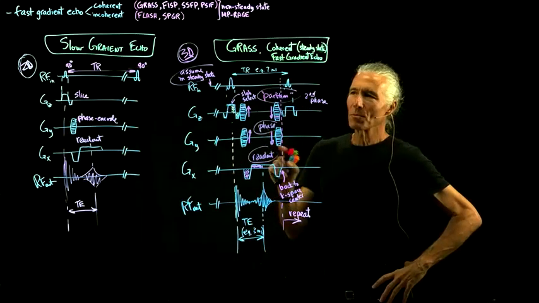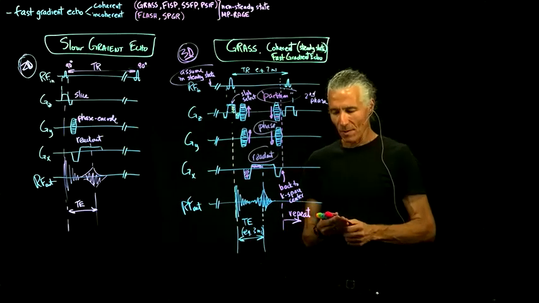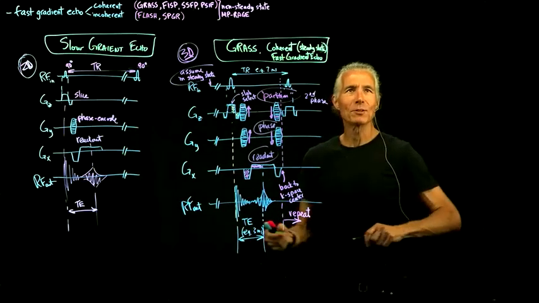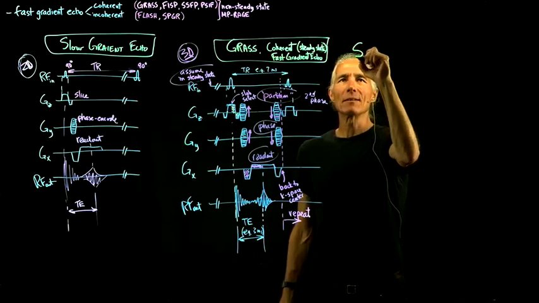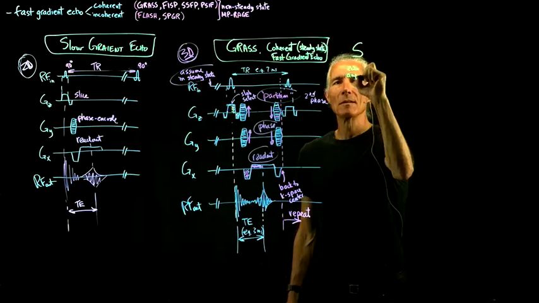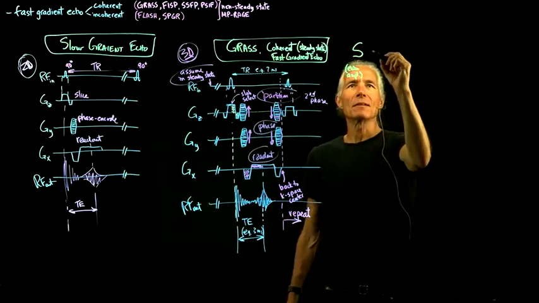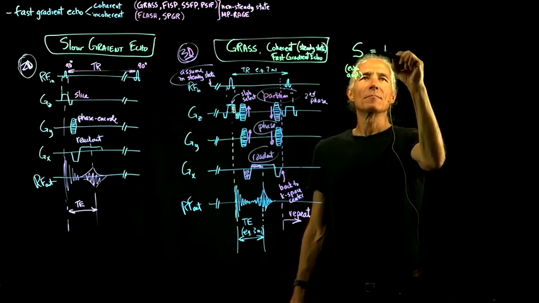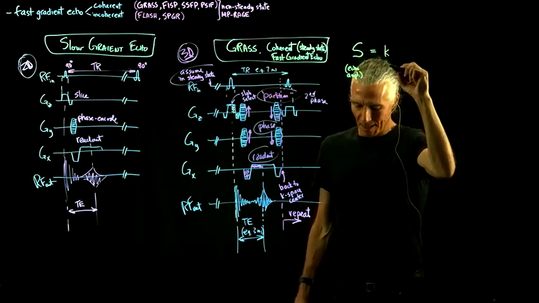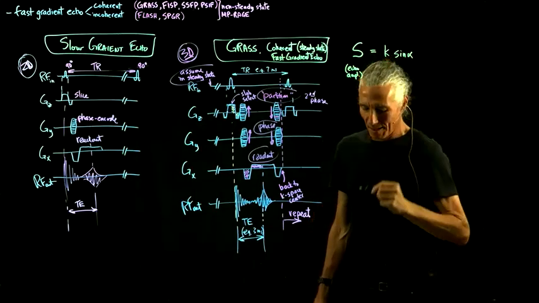So if you work through the equations, which we're not going to do, and I don't think I have ever worked through them, but if one were to work through them, the signal, which is the echo amplitude, equals some constant times the sine of the flip angle. That's the flip angle.